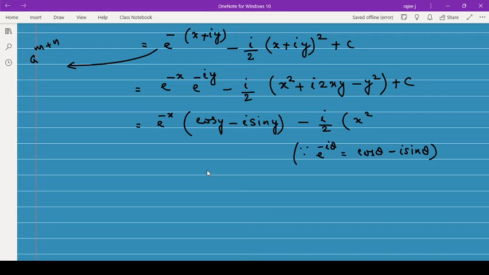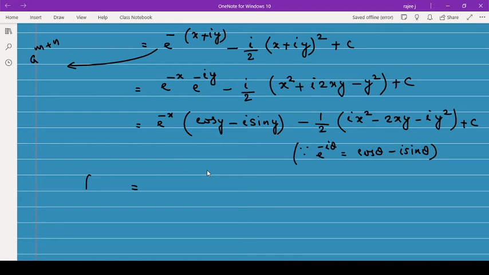We will take i inside here. So 1 by 2 into i x square, then i into i square minus 2xy, and minus i y square. This i is taken inside. So i x square, then i square 2xy, i square is minus 1, so it is minus here, and this i into y square, so i y square, plus c.